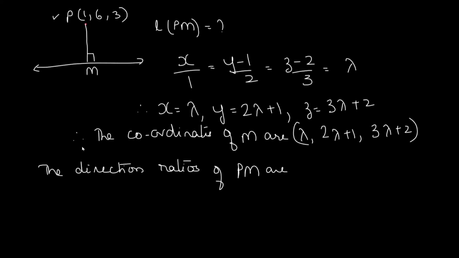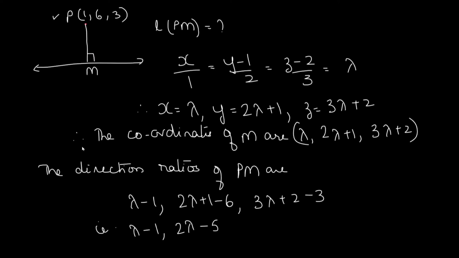So the direction ratios of PM are lambda minus 1, 2 lambda plus 1 minus 6 and 3 lambda plus 2 minus 3. So this becomes lambda minus 1, 2 lambda minus 5 and 3 lambda minus 1. So these are the direction ratios of PM.